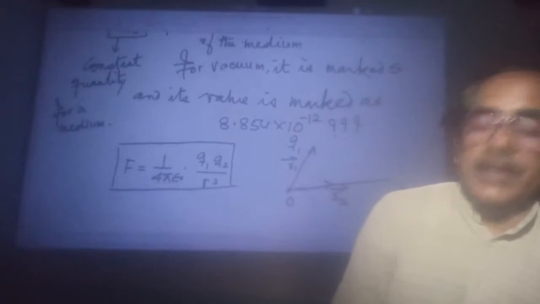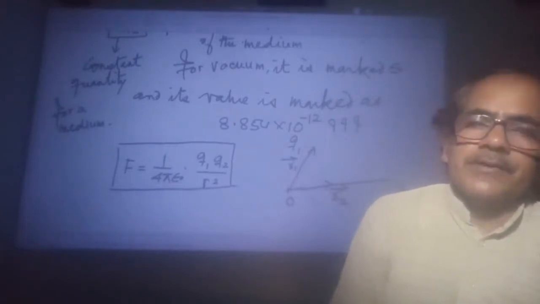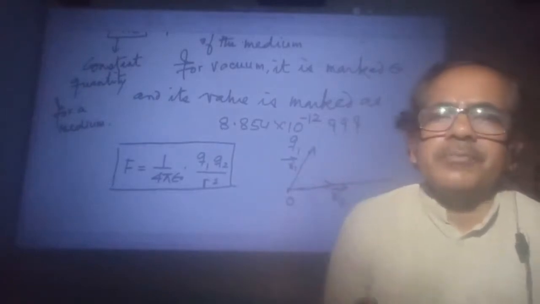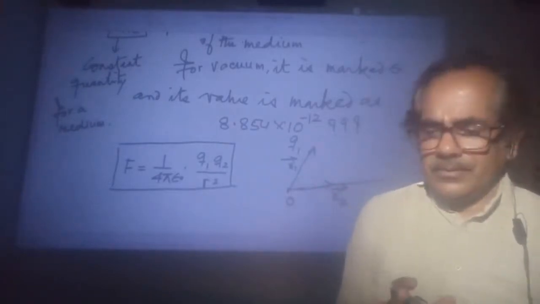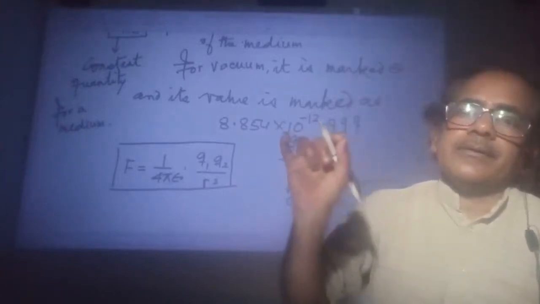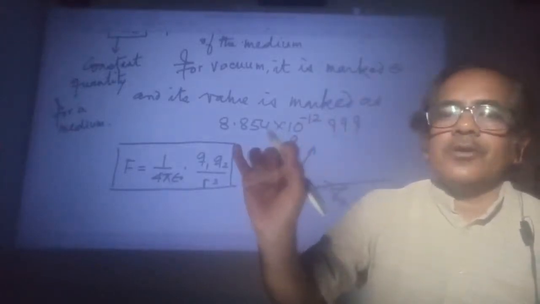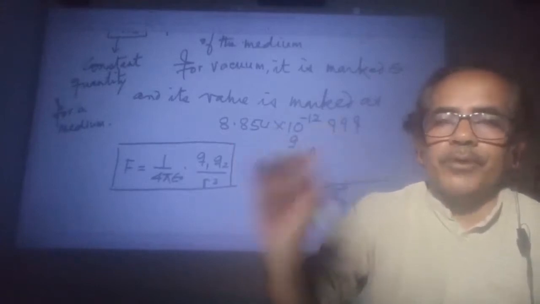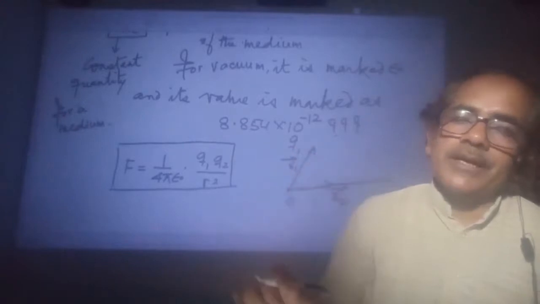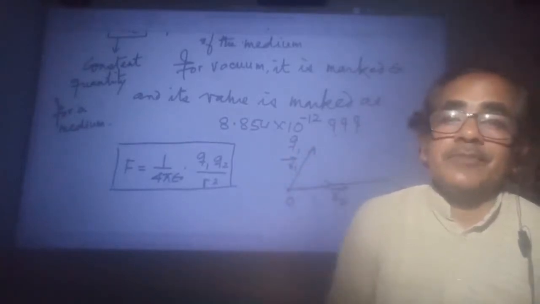I assume that you know about these position vectors. If you are talking about a plane, then in a plane a point has a coordinate. That coordinate can be explained either in terms of x and y.